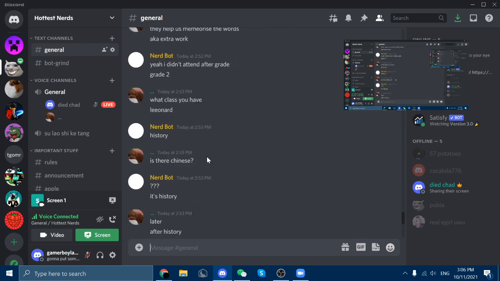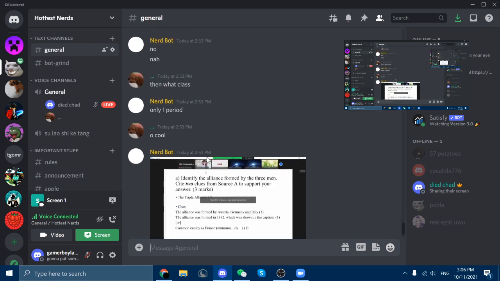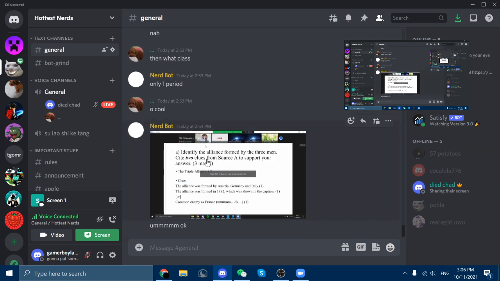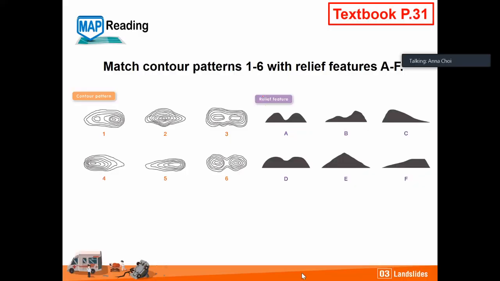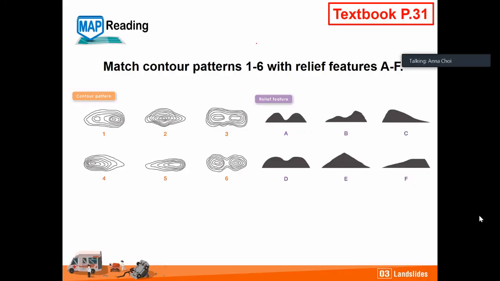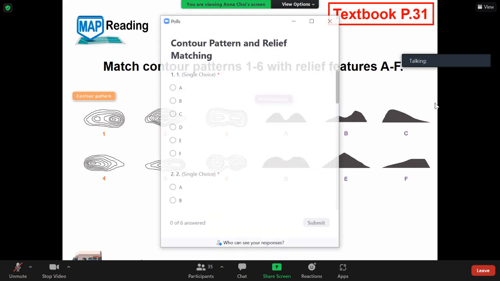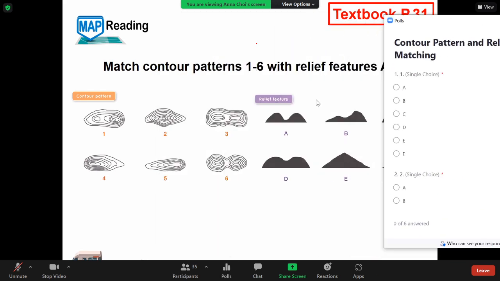Okay, right now I would like you to do some matching. So here we have some contour patterns 1 to 6, and we have the A to F relief features. Could you show your answer in the polling, and then tell me your answer? Okay, so questions 1 to 6.